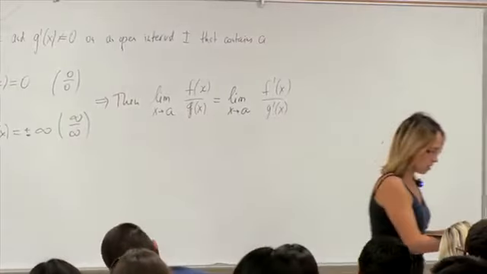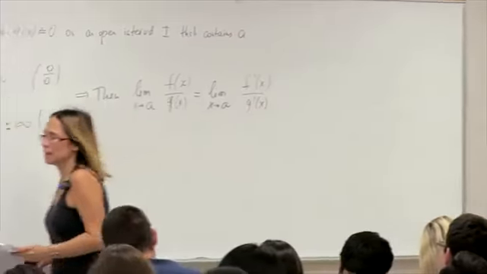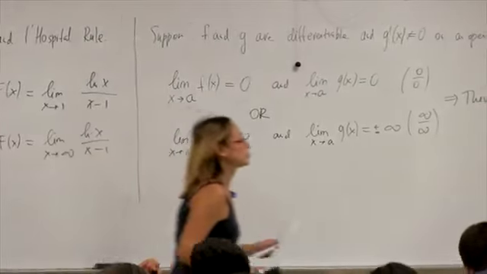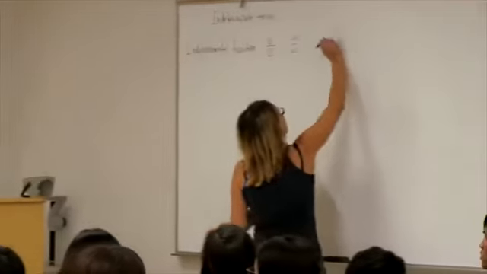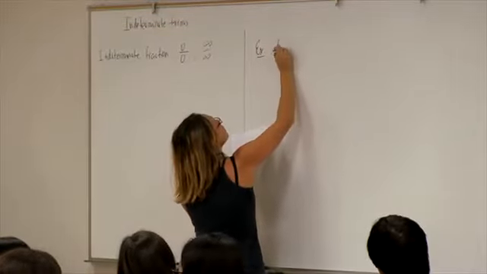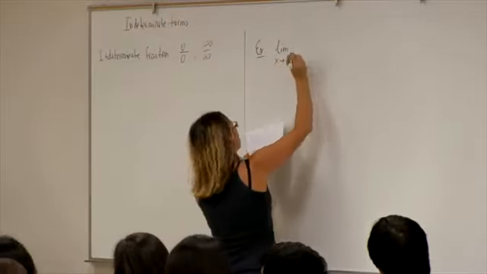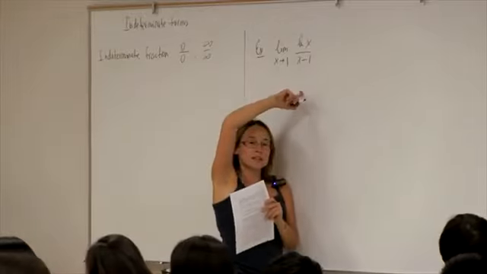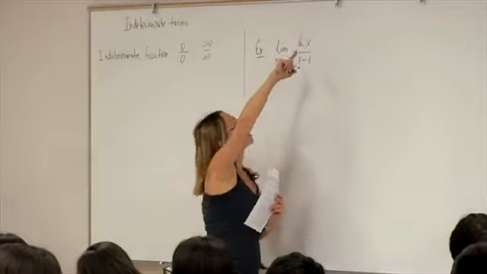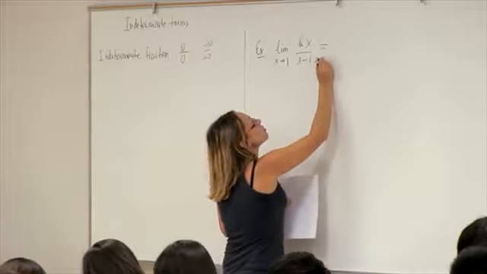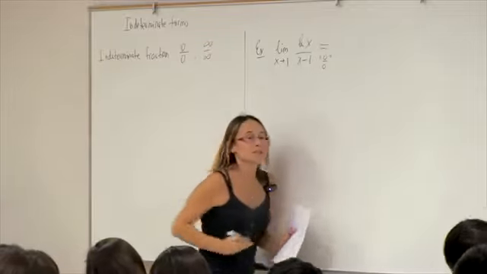So the first example is going to be the one we already looked at. The limit as x goes to 1 of log x over x minus 1. You see that the numerator goes to 0, the denominator goes to 0. So here we can put in quotation marks 0 over 0.